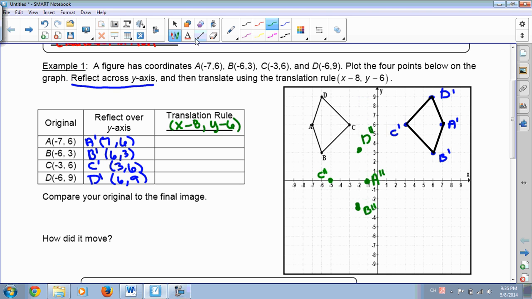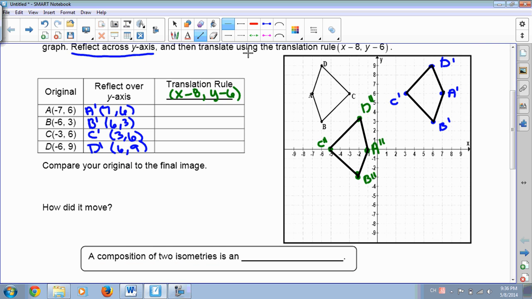Okay, and let's go ahead and connect. So we have our same shape. It's just been moved. Okay. Let's rewrite our points where they are at. Our new location of A prime prime is at -1, 0.